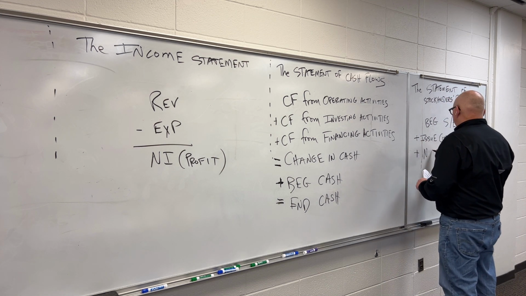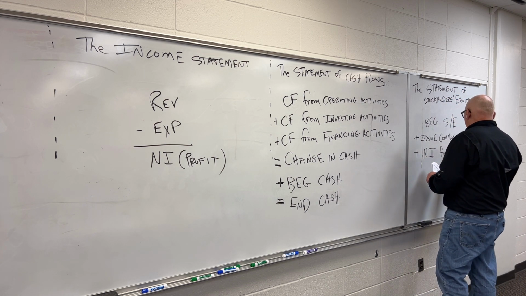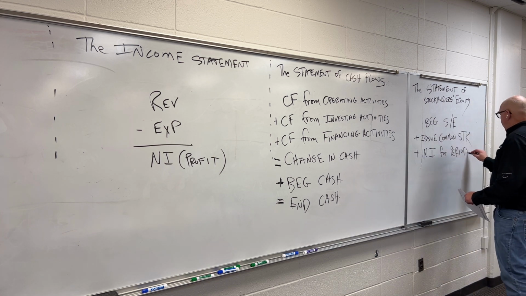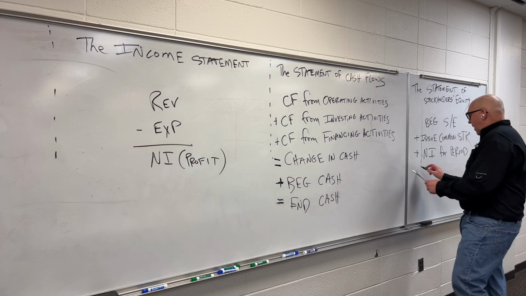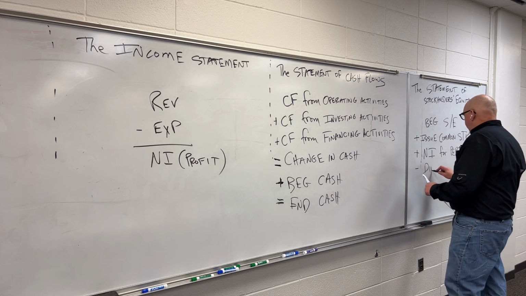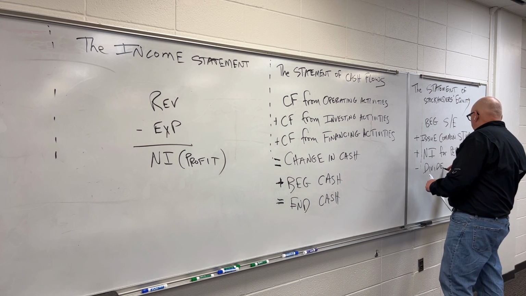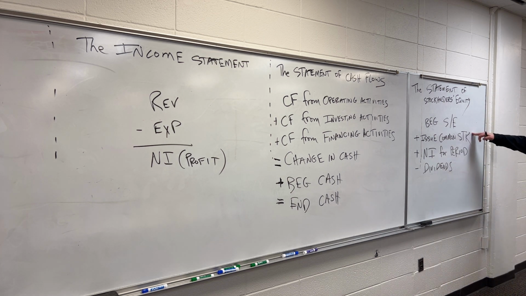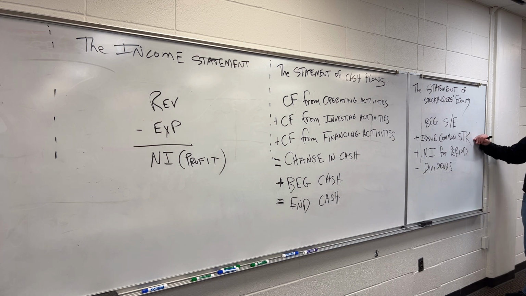Plus net income for the period, minus dividends. And what are dividends? If you have common stocks, some companies pay dividends on their stock because when you buy a piece of common stock, you are a part owner of that organization.